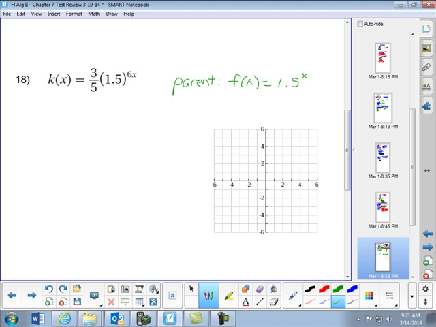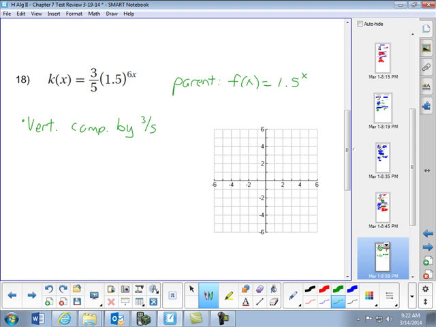So we know it's going to go like this, and our asymptote is going to start right here at y equals 0. Well, I like to talk about what's happening to these graphs first. The whole thing is being multiplied by 3/5. So that means I have a vertical compression by 3/5. The whole thing is being multiplied by a number less than 1.